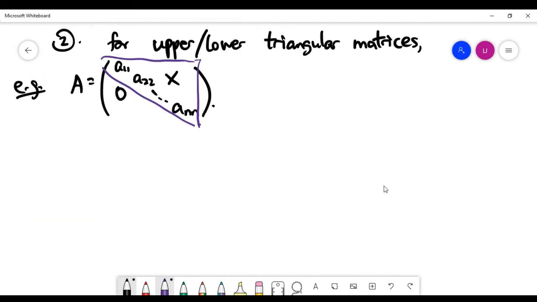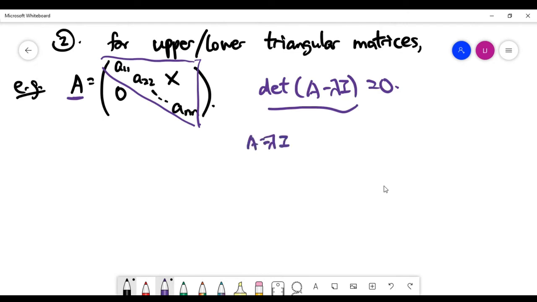So let's say now you actually have an upper or lower triangular matrix, and in this example A, I'm just giving you an upper triangular matrix. And if you try to find the eigenvalues of such an upper triangular matrix, of course we have to solve for such an equation. And please recall what the determinant formula looks like. And please look at this matrix now.